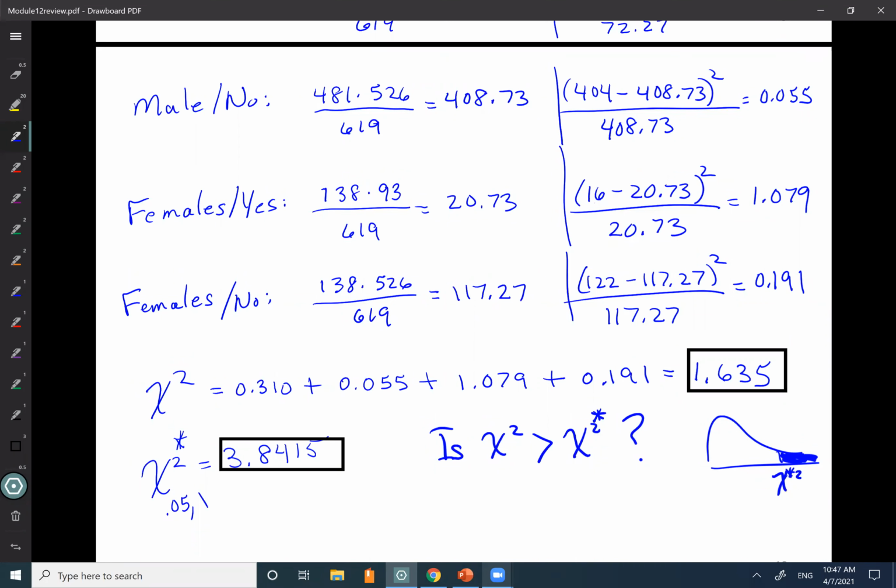And if it's greater than that, it's in the rejection region. So is it, 3.8415 is the critical value, is 1.631 in the critical region? Is it greater? The answer is no, right?